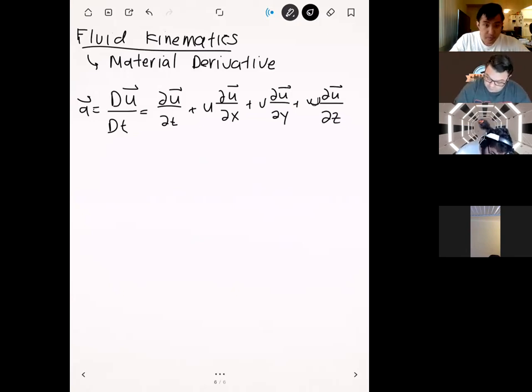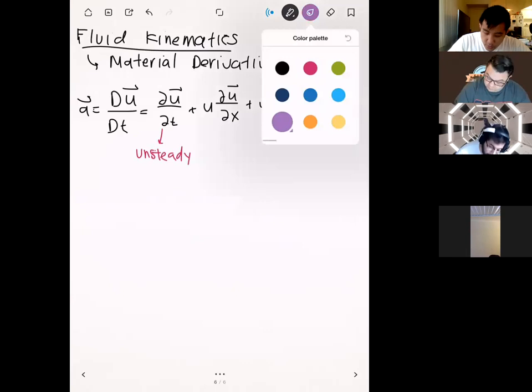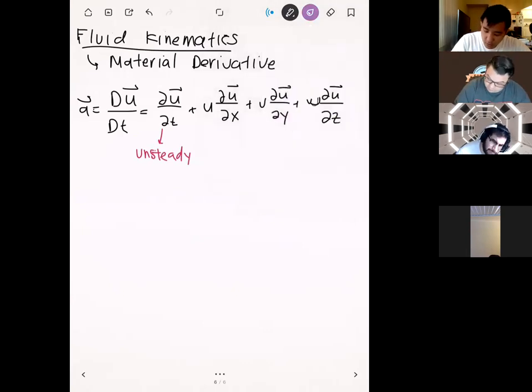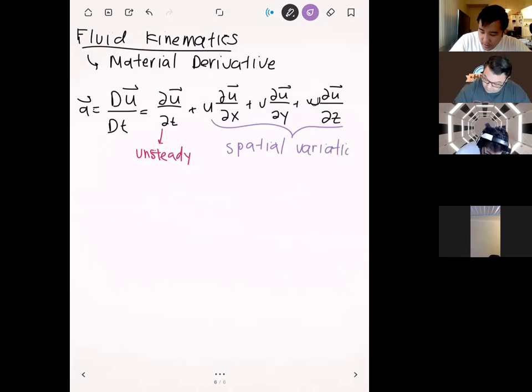And remember, the way that we described these terms was the following. We had this term, which was our unsteady term. And then these terms, which were our spatial or convective variation, because we said that things can vary either in time or in space for fluids.